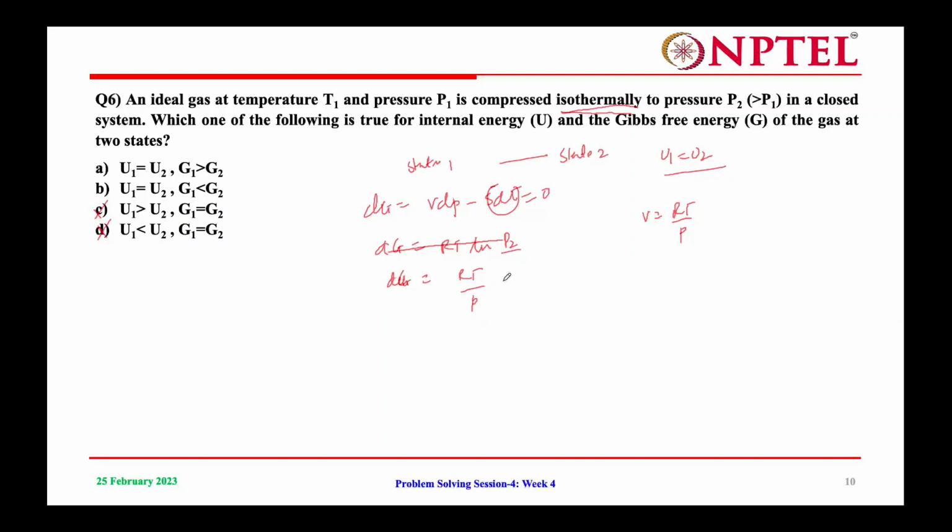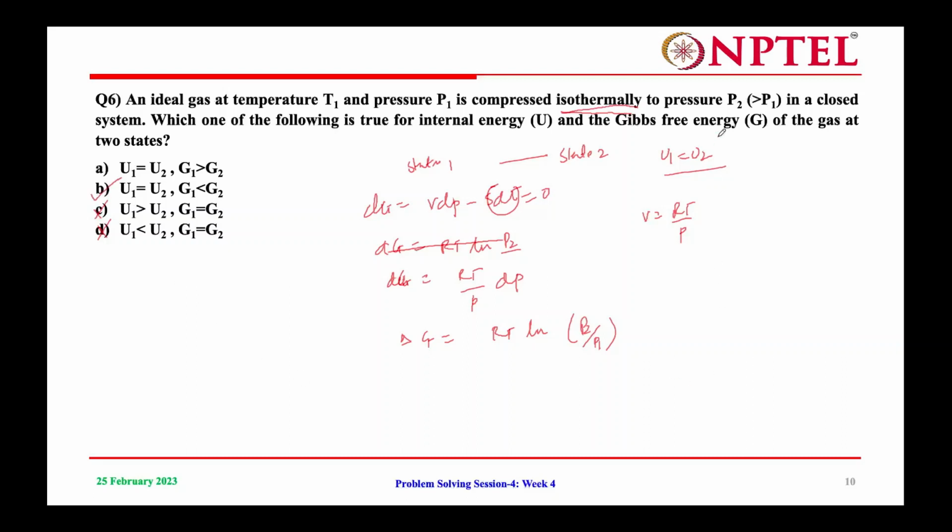When you integrate, delta G is equal to RT ln P2 divided by P1, right? Sir, B option. B, right.